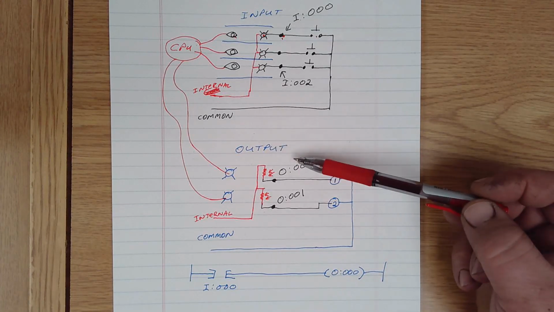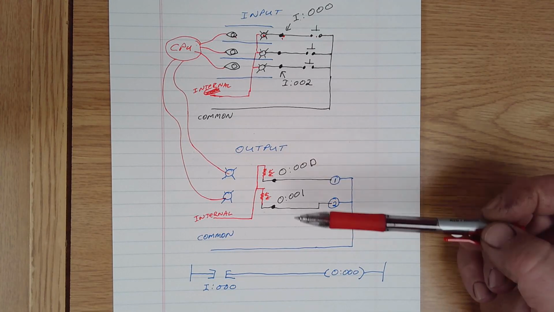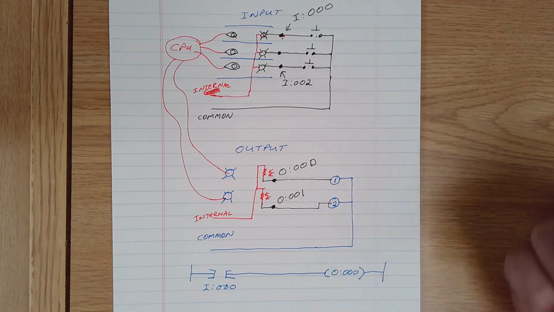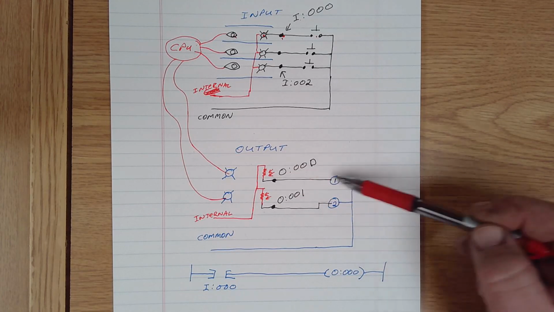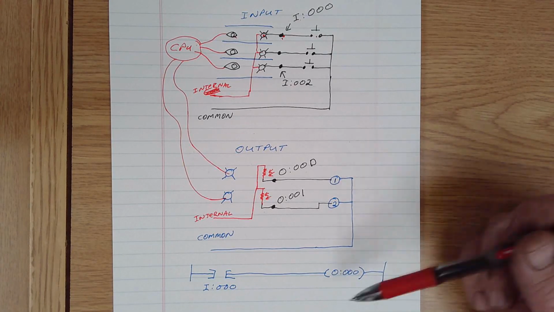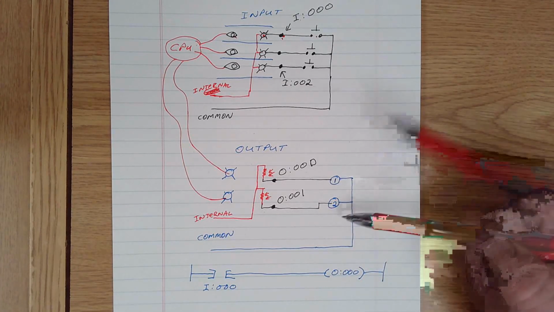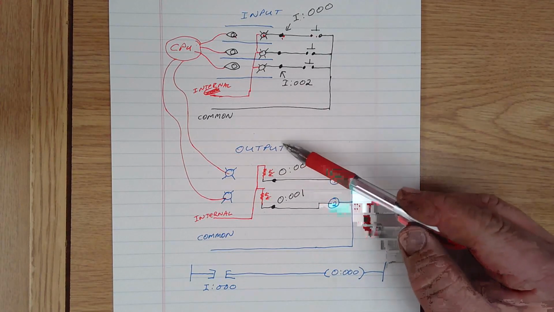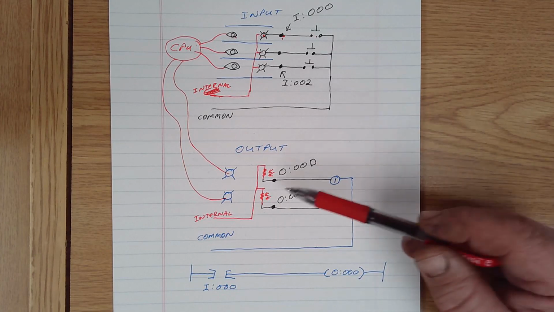These are not fused at a whole lot. You only get a couple of amps out of each output card, so if your loads draw quite a bit of current, you might actually have to use the output to fire a relay to operate the load, or whatever the case may be. But if it's an LED light or something like that, they handle them just fine. And you can get output cards that have a little higher current capability.